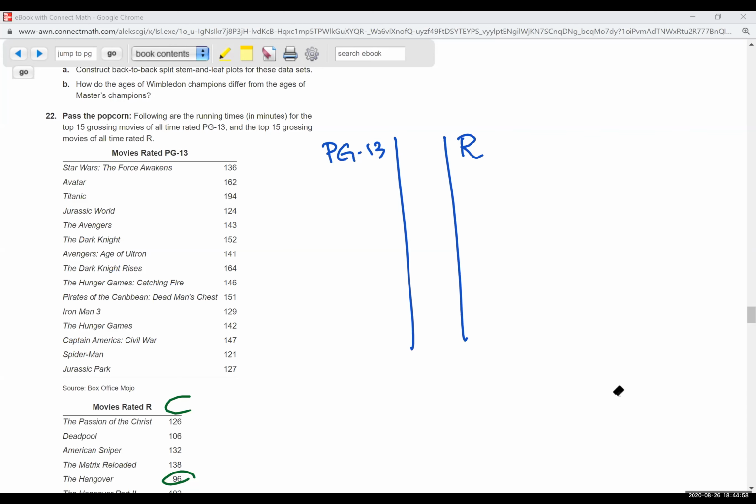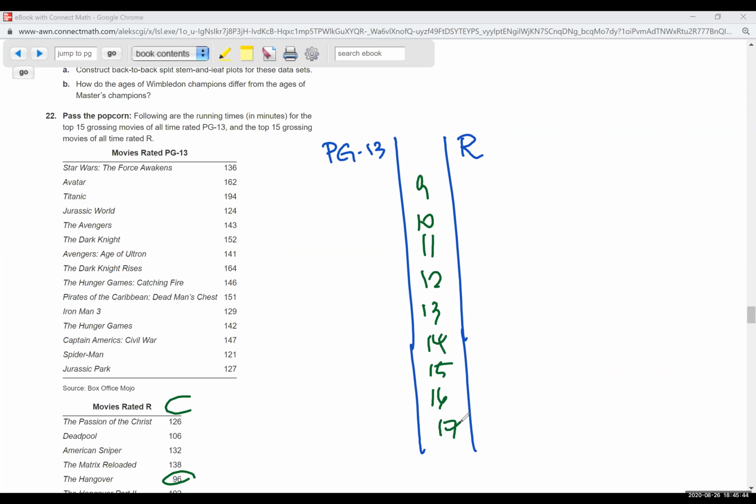Meaning we're going to start at 9, 10, 11, 12, 13, 14, 15, 16, 17.